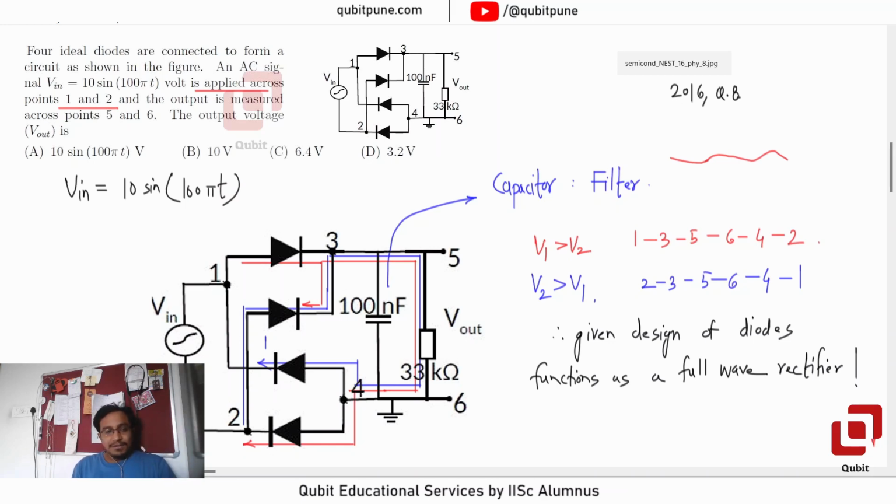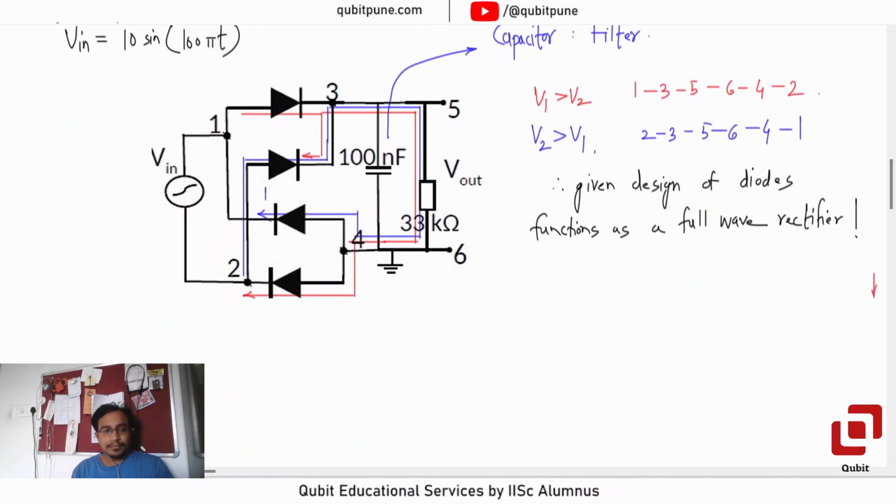Now there is something which we have not yet covered in the theory, but I'll tell you. V56 is the average voltage of the rectified voltage.